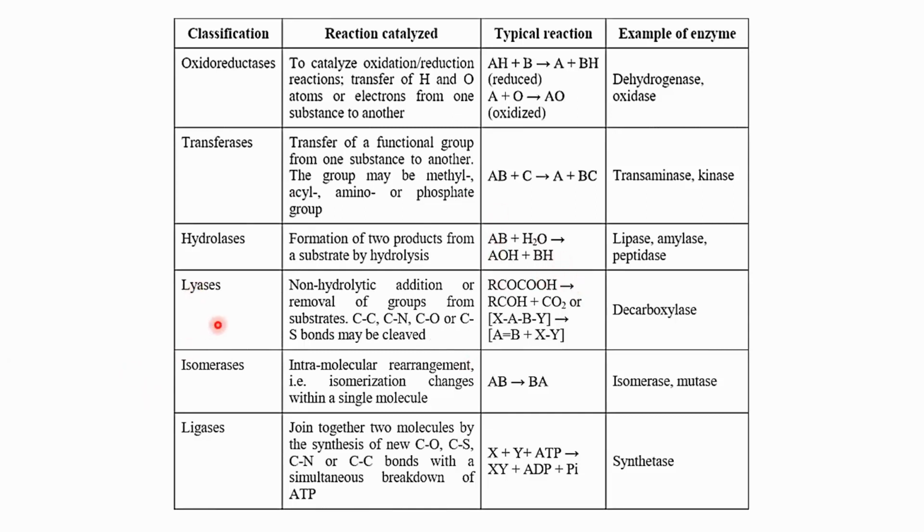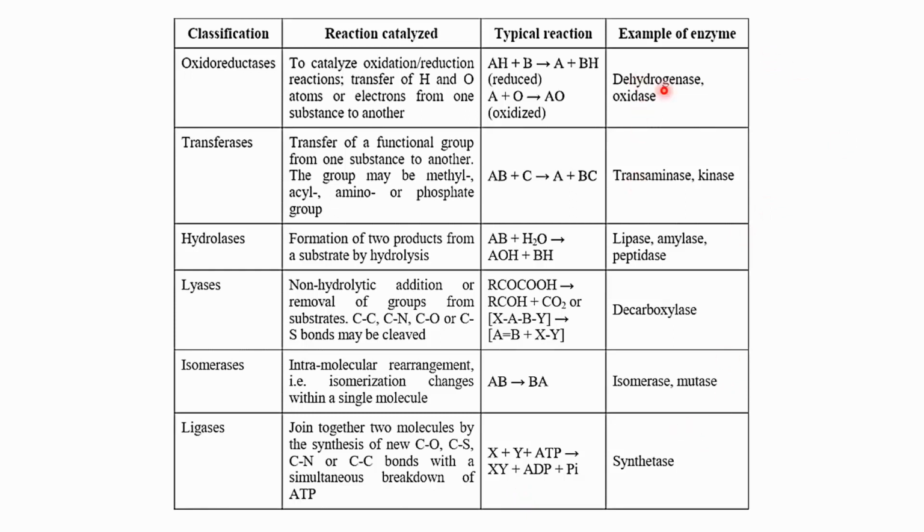Lyases are the non-hydrolytic addition or removal of groups. Isomerases help in intramolecular rearrangement, so the isomerization changes happen within the molecule. And ligases help in joining two molecules, or in the synthesis of different bonds. These are examples of different enzymes that come under these different classes.